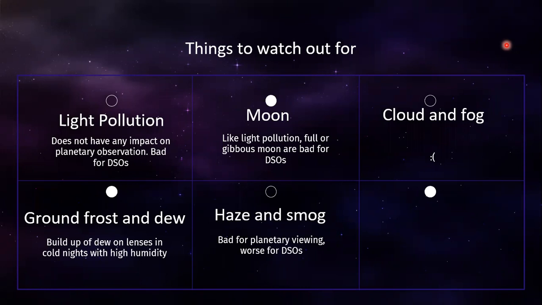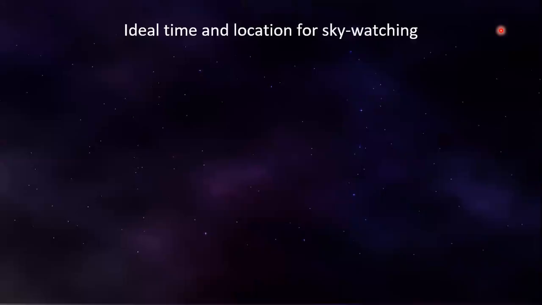Haze and smog also act kind of like clouds, but it is much worse because haze decreases the contrast and decreases the image quality. And the last thing, which people don't realize until it's too late, is mosquitoes, especially in summer. You have to have some mosquito repellent cream if you are going to a sky watching session in summers.